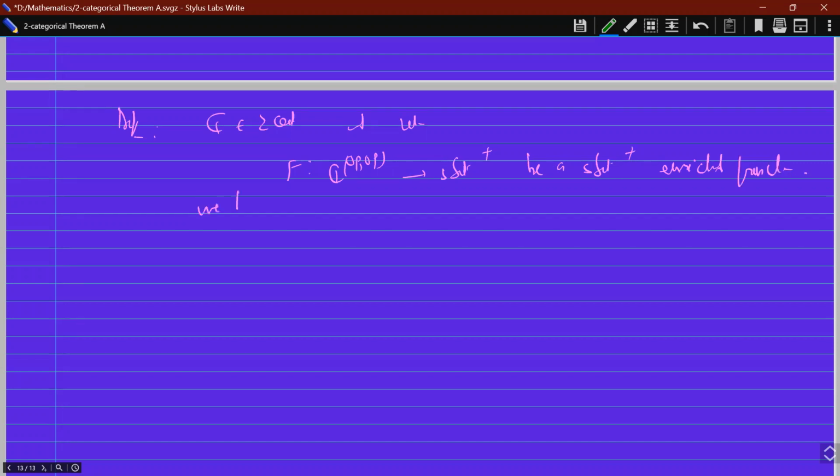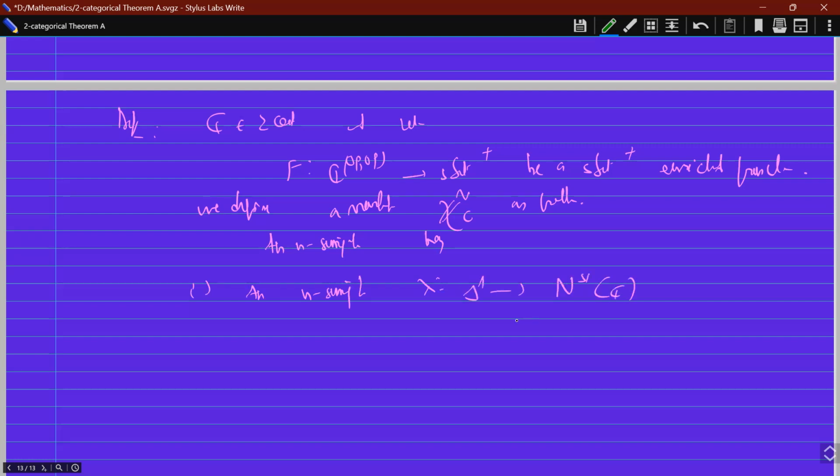So we define our marked simplicial set, the one with the tilde, as follows. So an n simplex is like, so we can compare this definition with the actual definition that we had. So you'll see that it's more or less very similar. And there's one catch that we'll see.